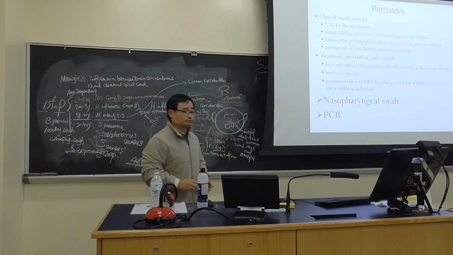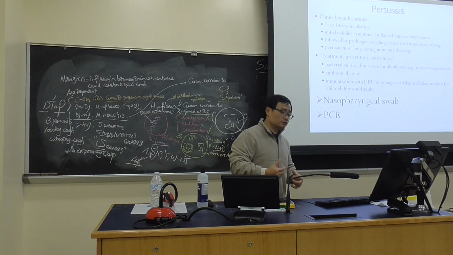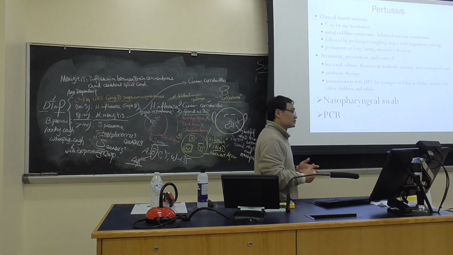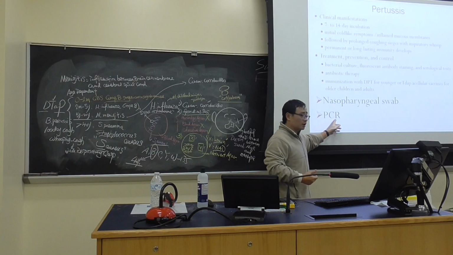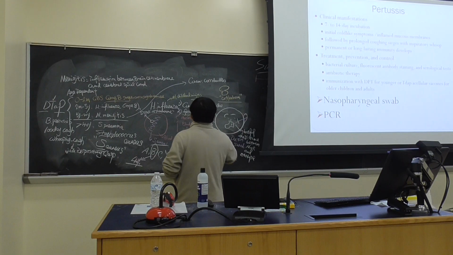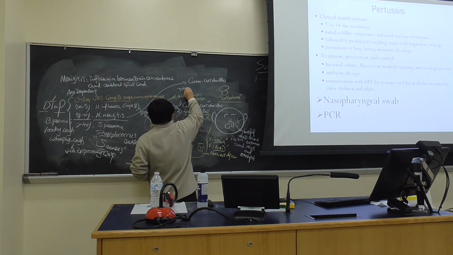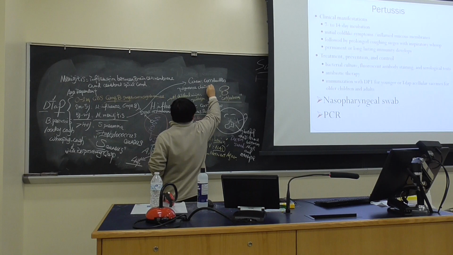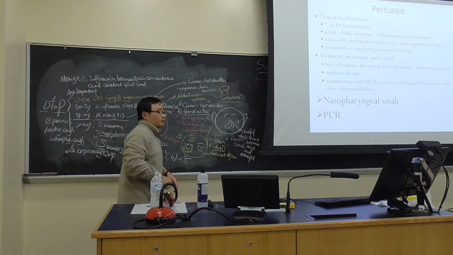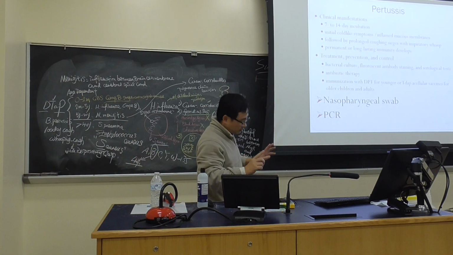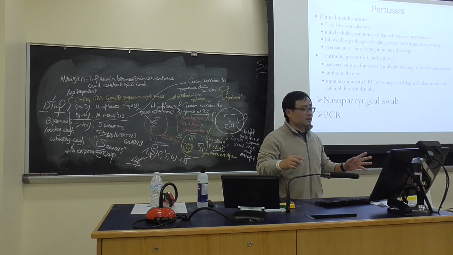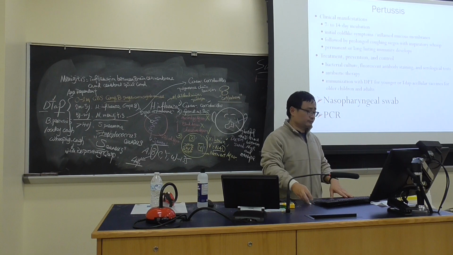Then when you have this swab, which is not really a cotton swab, it's a Dacron nasopharyngeal swab, you send it to the reference lab, and they will do PCR testing, which is polymerase chain reaction testing. That's called PCR rapid testing, because they need to know the results in about 5 to 10 minutes, even half a day. Okay, so that's for diagnosis.